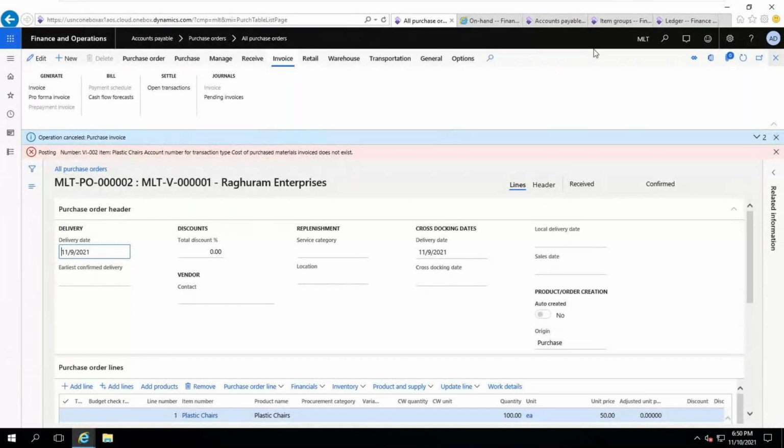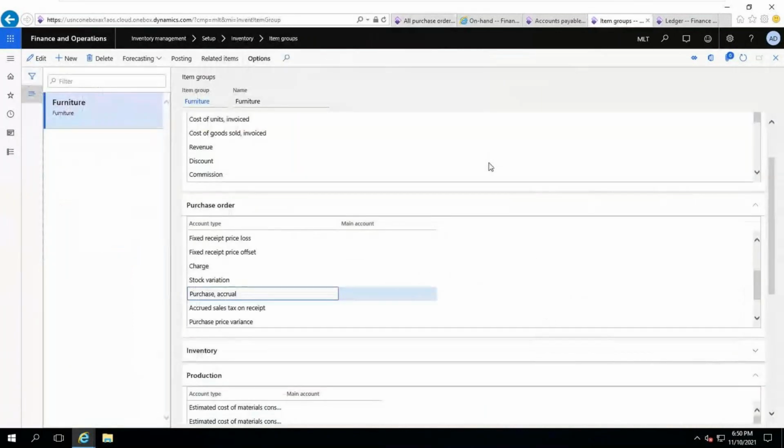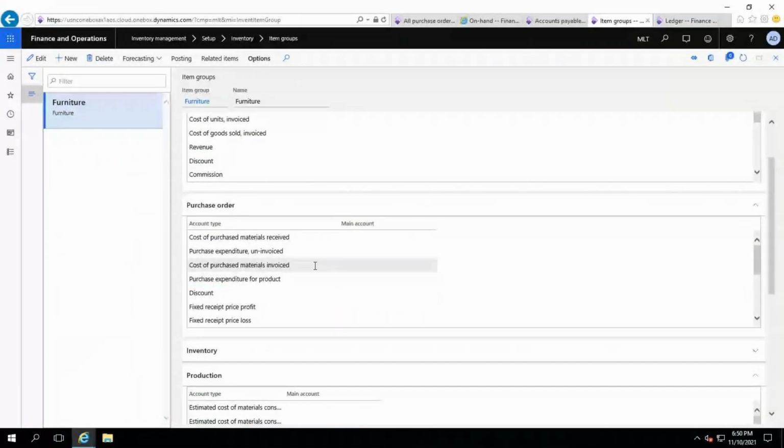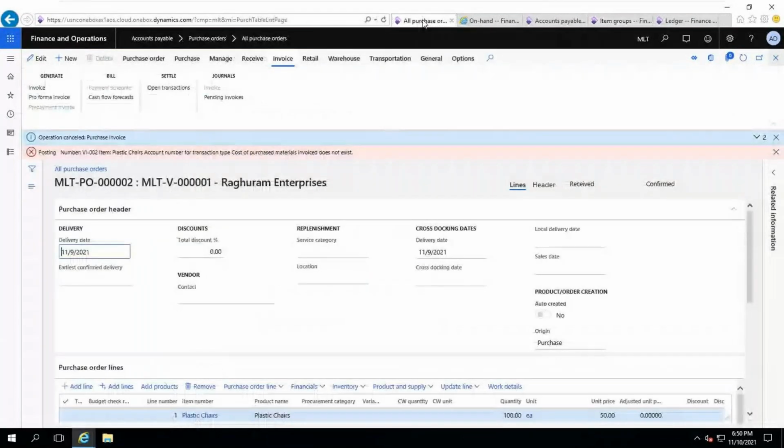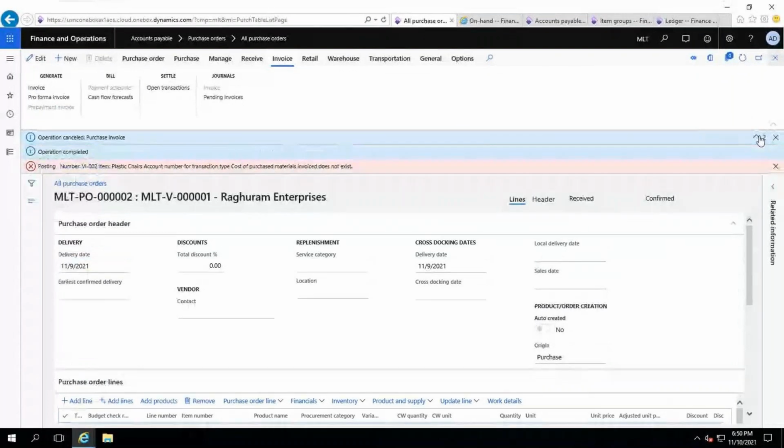The reason is I have not mapped any account for this cost of material invoiced account. That is the reason it is throwing the error message. It was not posted. It is cancelled.